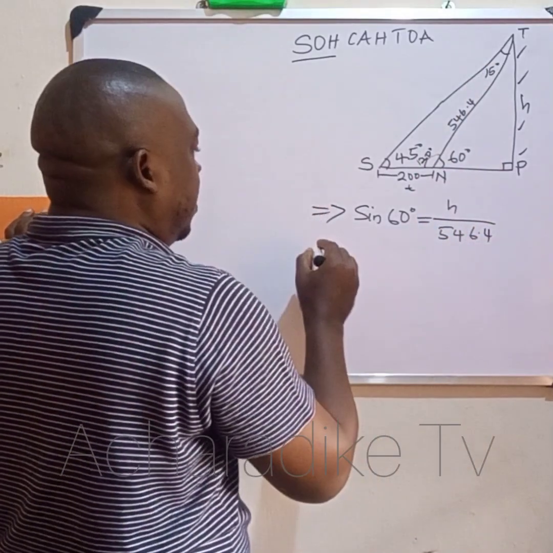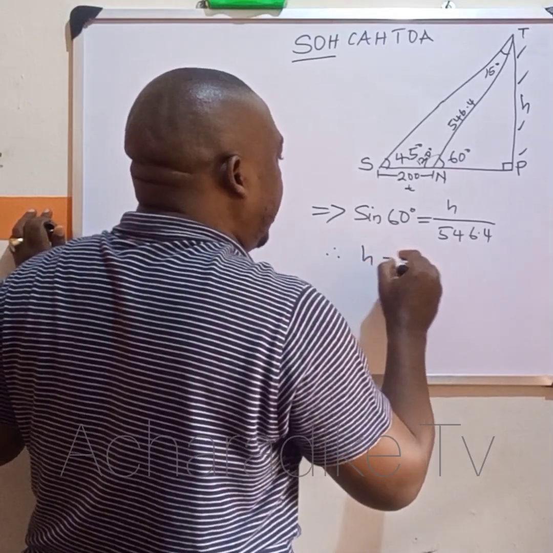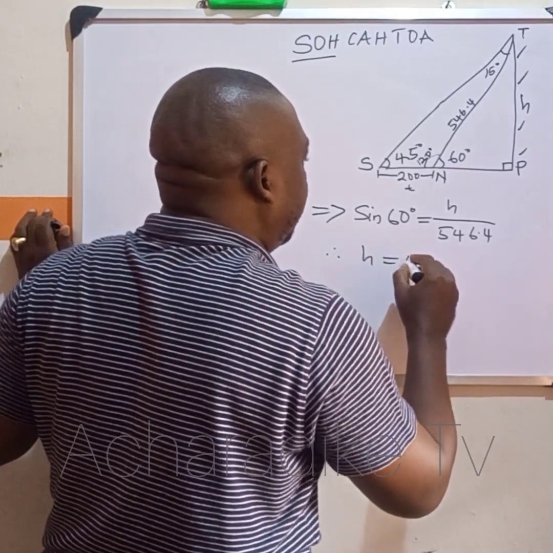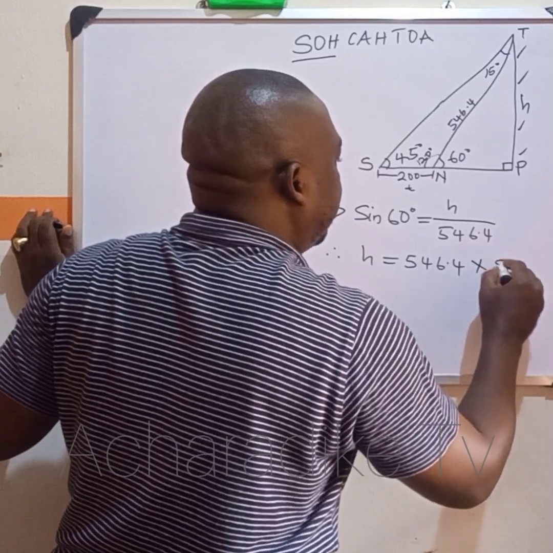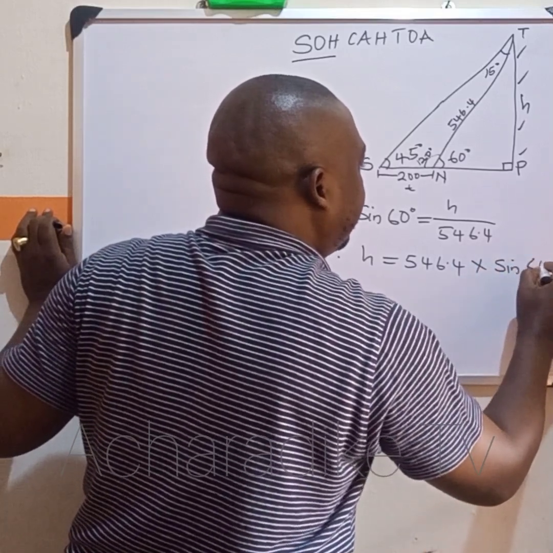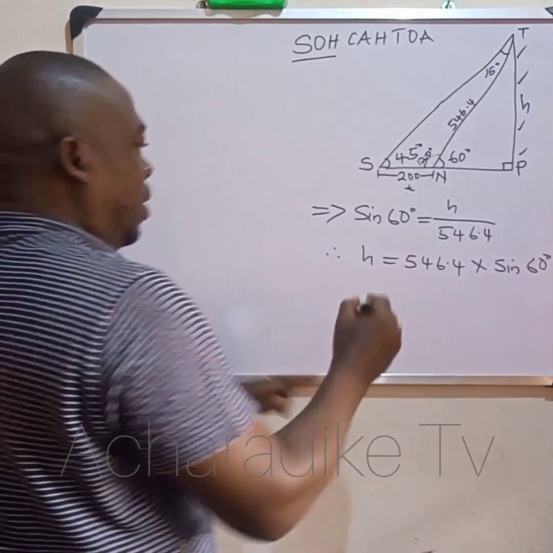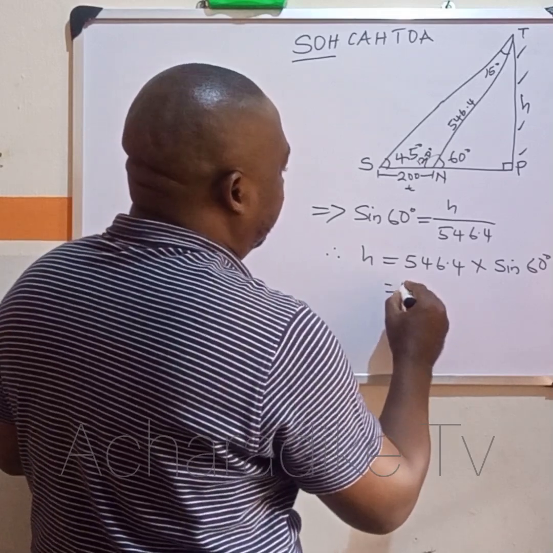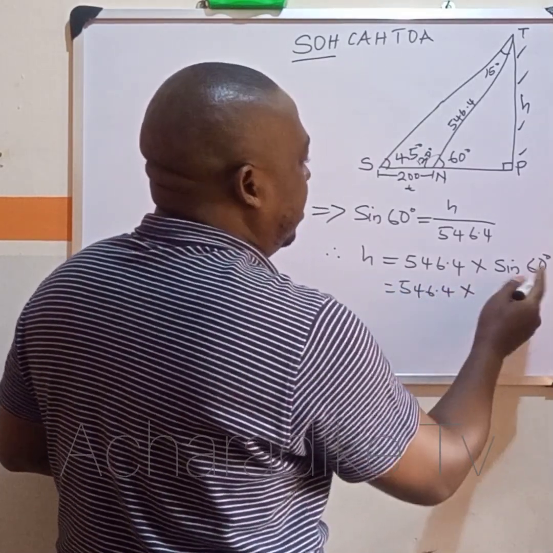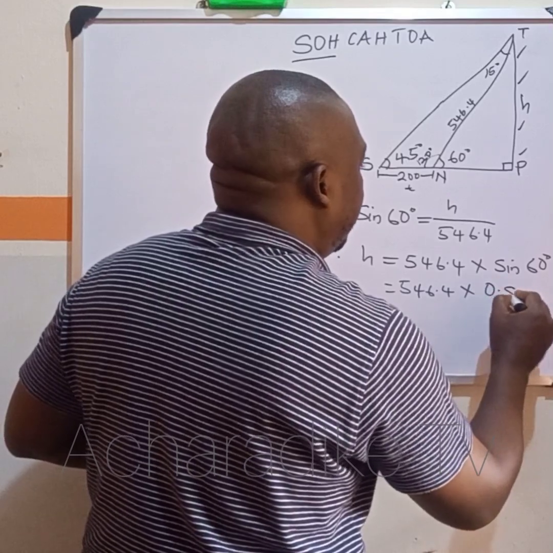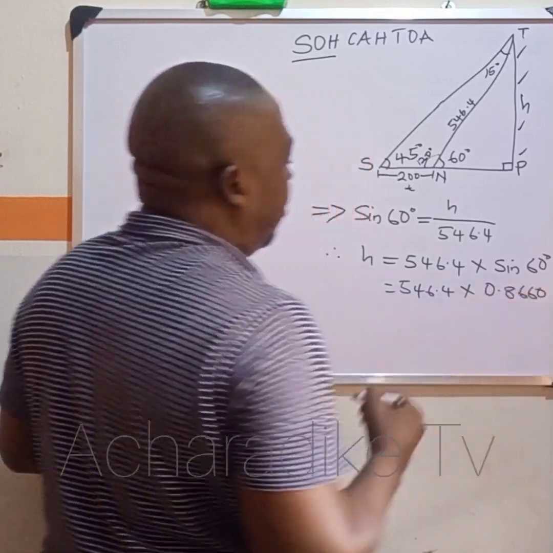546.4. Therefore, small h, which is the height we're looking for, is equal to 546.4 times sine 60 degrees. Sine 60 degrees is 0.8660.